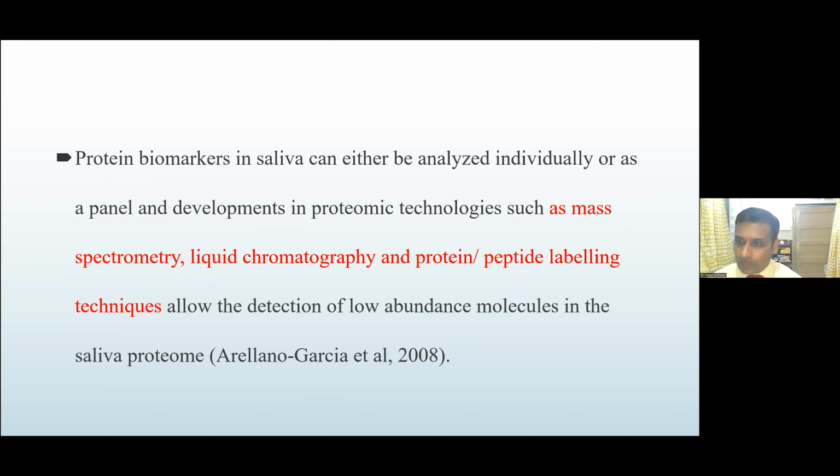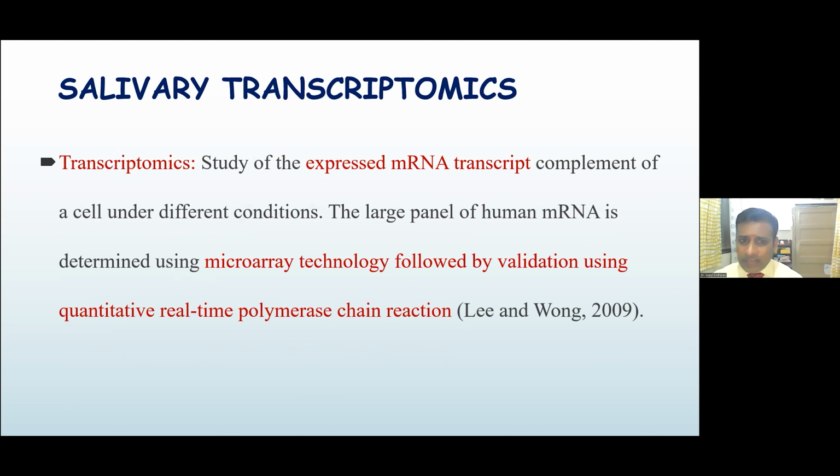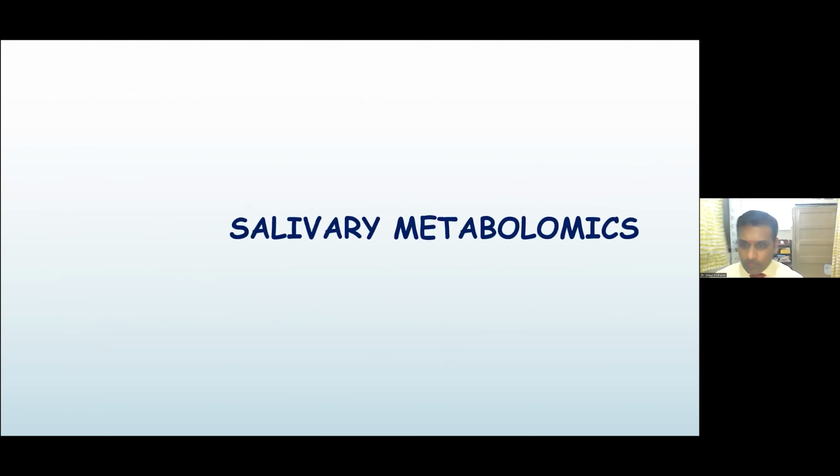Even at micromolar concentrations, they can be identified effectively and compared with bioinformatic tools to find out which particular molecule is found, and thereby help in forming a panel of biomarkers for every disease. Transcriptomics basically studies the expression of messenger RNA, and hence a large panel of messenger RNA can be identified using microarray technology, which can further be validated using real-time polymerase chain reaction techniques. So these are the benefits of having a high therapeutic.